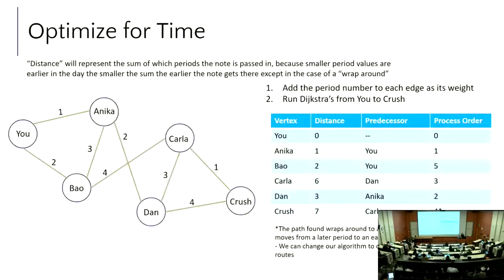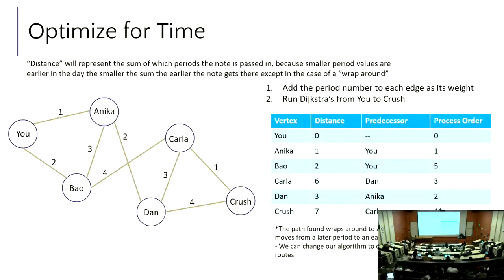then asked, when's the soonest your note can get to your crush? And so if we assume that the period numbers come in relation to what time they are during the day, i.e. period 1 is the earliest in the morning and period 2 is the second earliest in the morning, et cetera, we can run Dijkstra's if we use the period numbers as weights to find the shortest path to get from me to my crush by the end of the day.